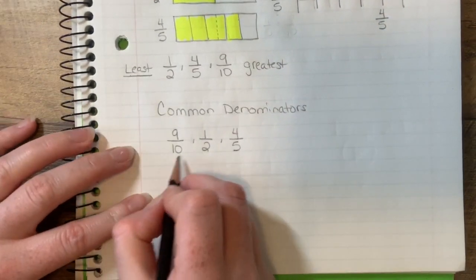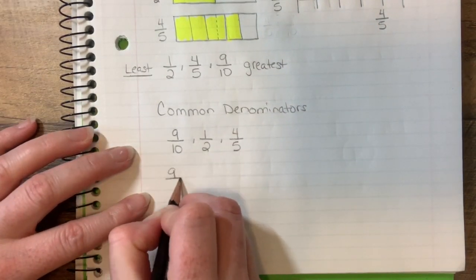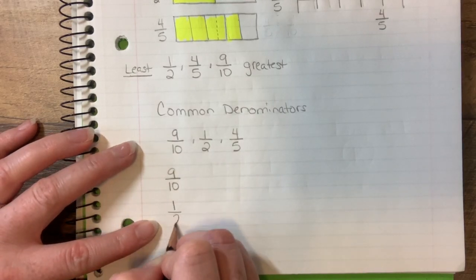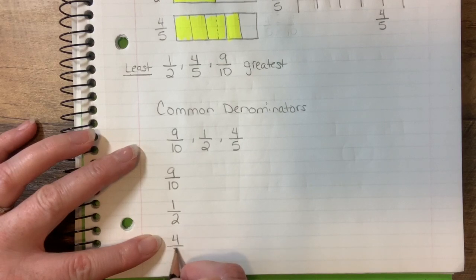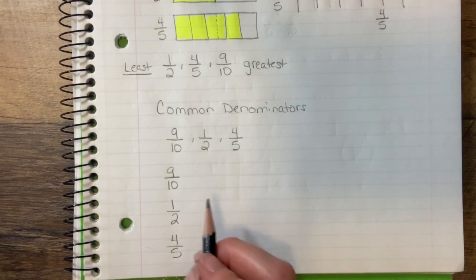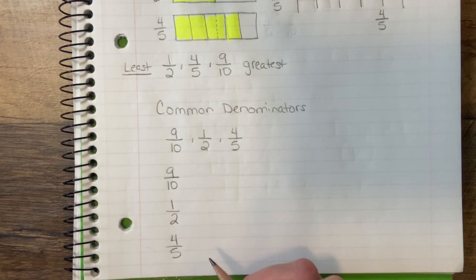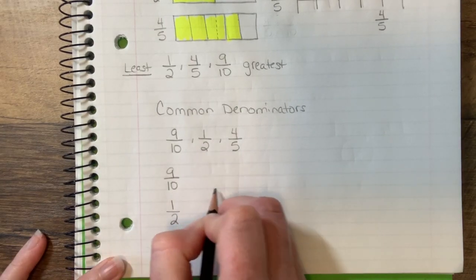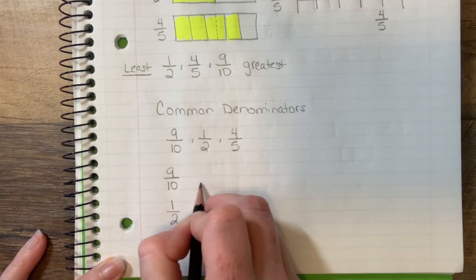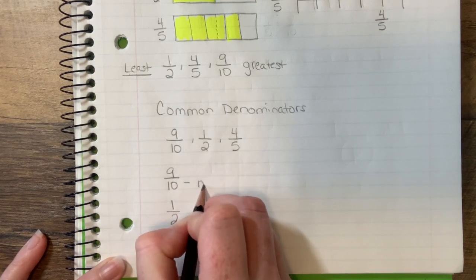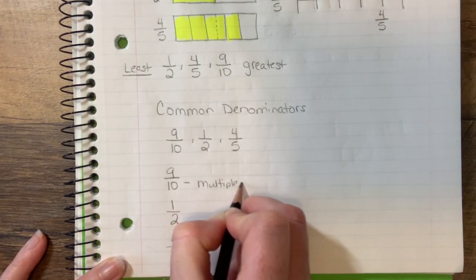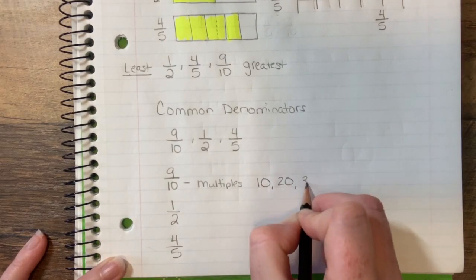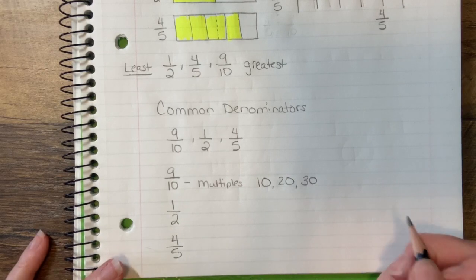All right, so these are our 3 fractions. We need to stack them on the side, and we need to look at the denominators. What are the multiples of 10? Multiples of 10. 10, 20, 30, and we could keep going.